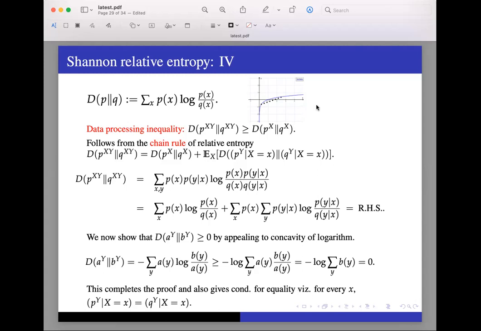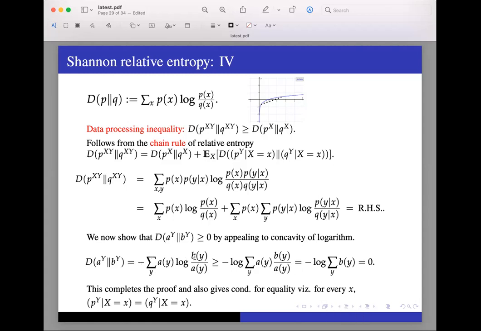And where did the equality come from? Remember, the logarithm is strictly concave. So in other words, take the chord, every intermediate point on the chord lies strictly below the curve. Okay. So the only way you can get equality out here is if one of the AIs is 1 and the others are 0. Okay, so that's the strict concavity out here.